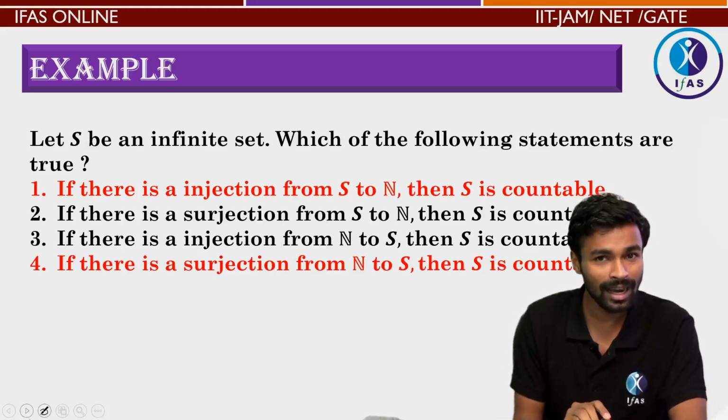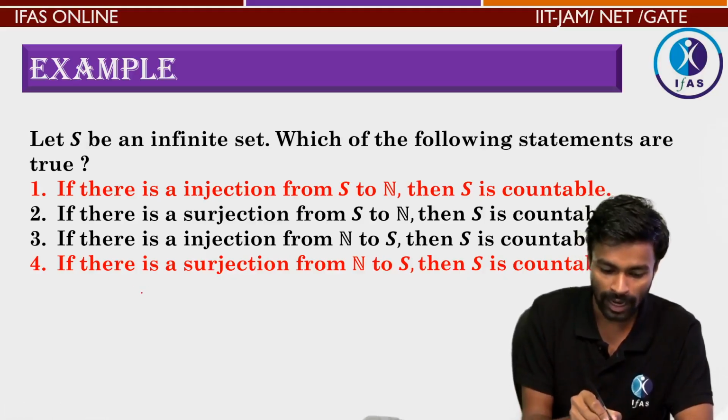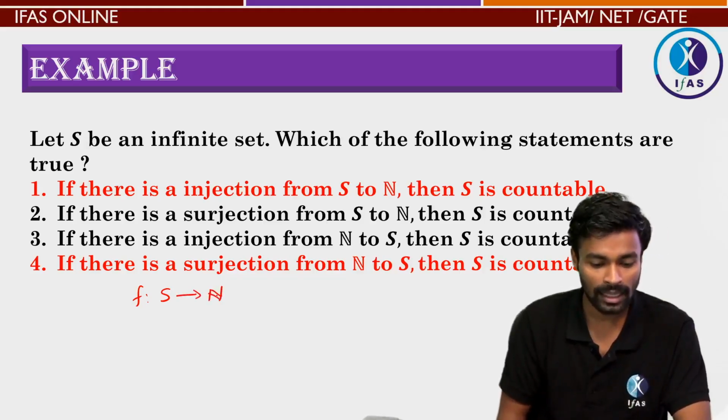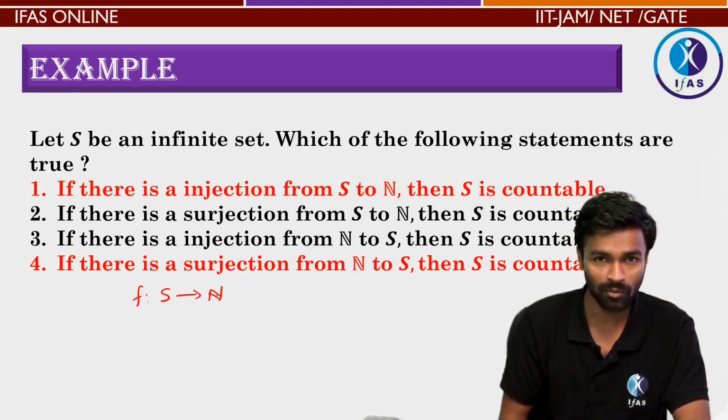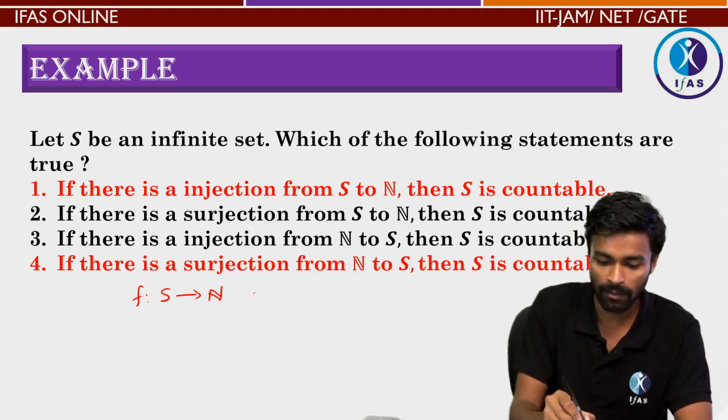So yes, if it is an infinite set, in that case I will take the function f from S to N. If there is an injection from S to N, injection means there is a one-one function.